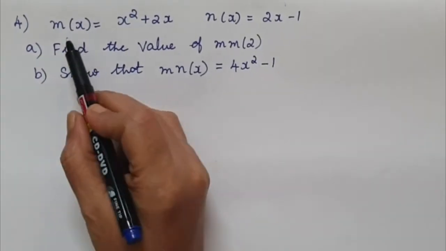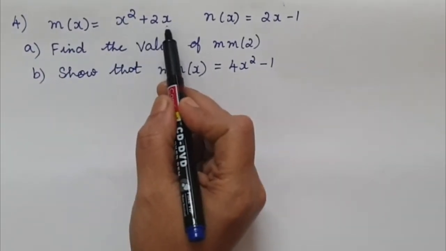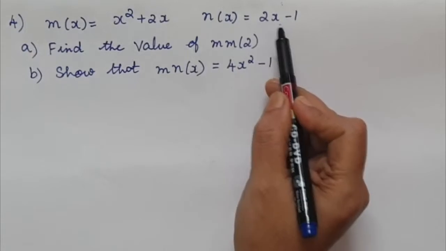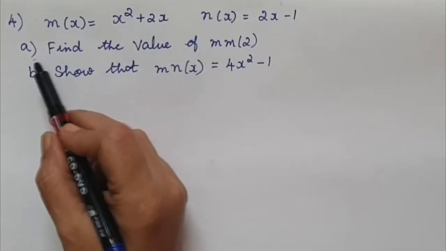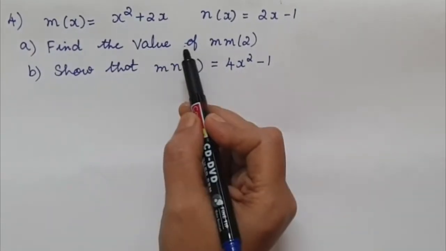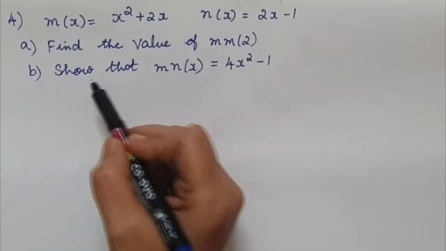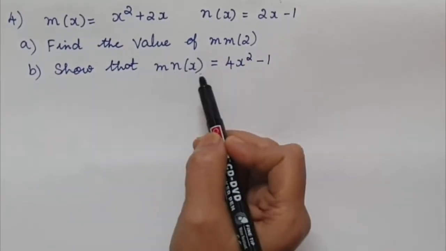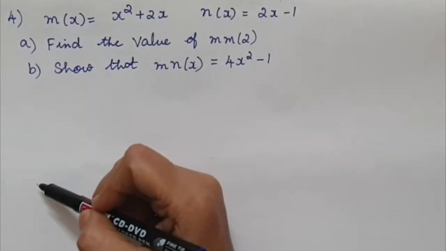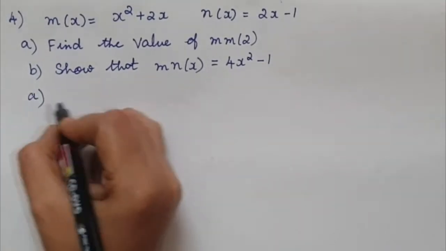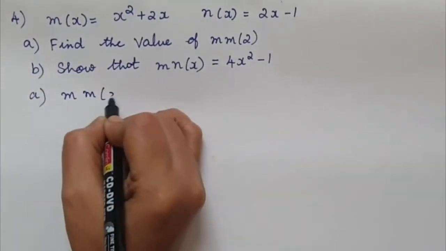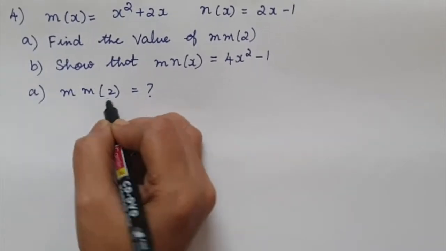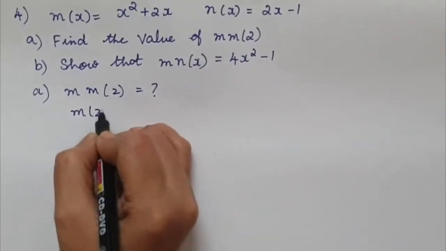Fourth question, m of x equal to x squared plus 2x and n of x equal to 2x minus 1. A part, find the value of m m of 2. B part, show that m n of x equal to 4x squared minus 1. Now let us do our first part. That is m m of 2, we need to find what it is. So our innermost is m of 2, we'll find.